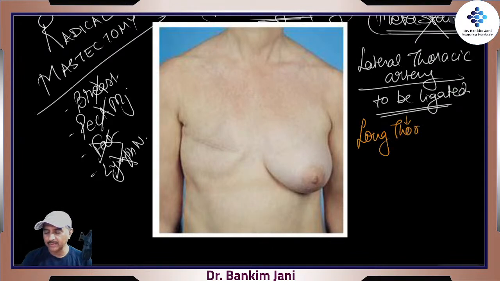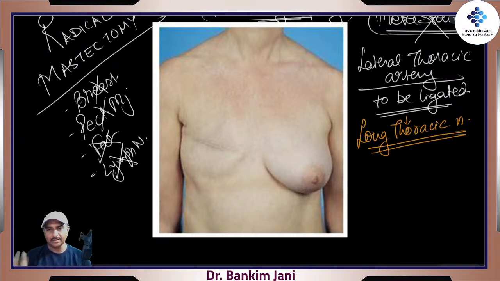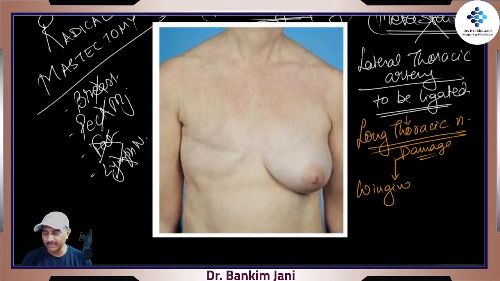If this nerve is also tied along with it, that is damage. Any damage to this will lead to winging of scapula. What is winging of scapula?